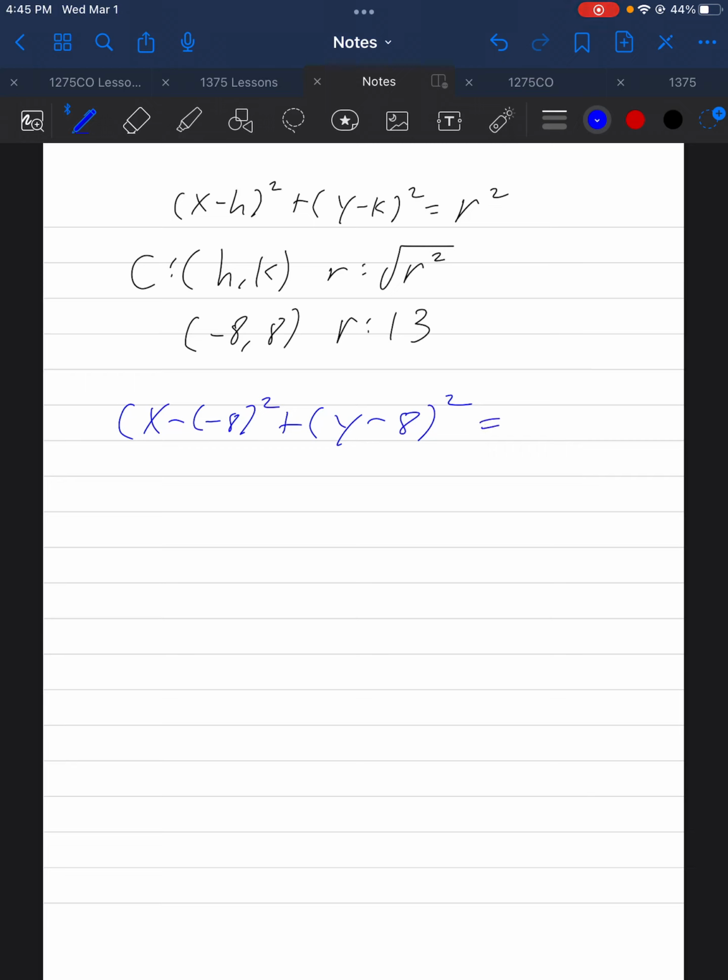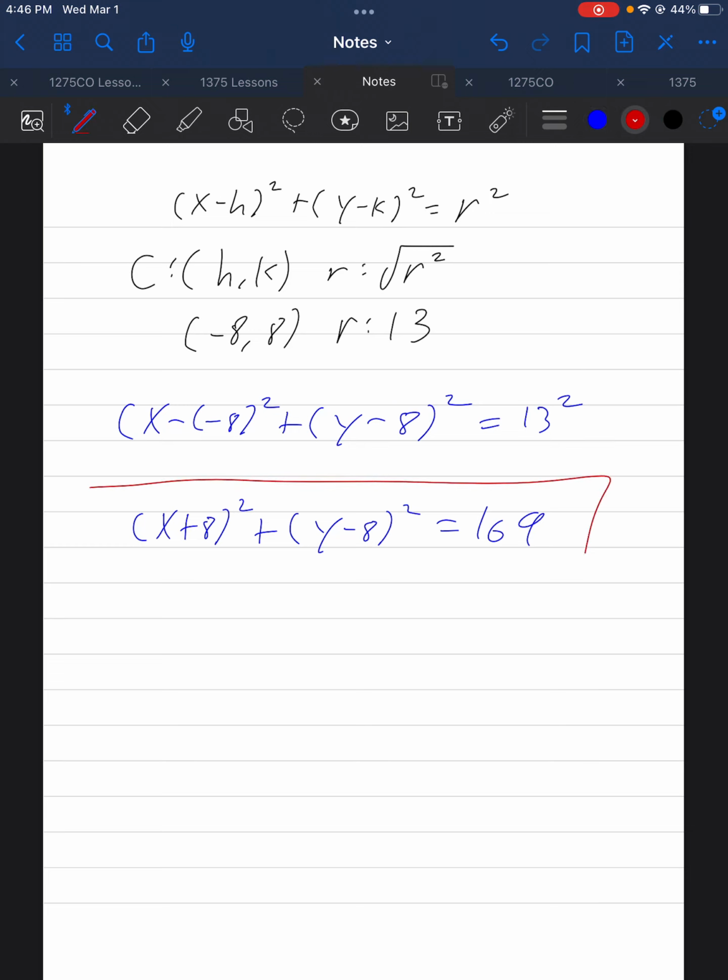And this is equal to 13 to the second power. Remember, when we take the radius, we take the square root. So if we know the radius and we're putting it into the formula, the equation, then we have to square it. So that's going to be x plus 8 to the second power plus y minus 8 to the second power equals 169. And this is our standard equation of a circle.